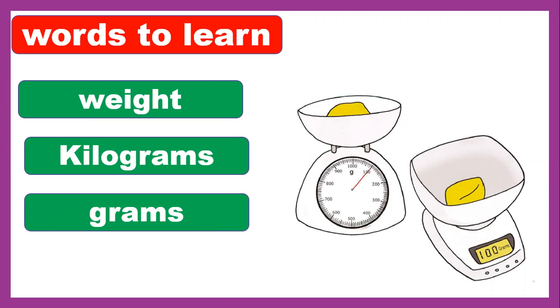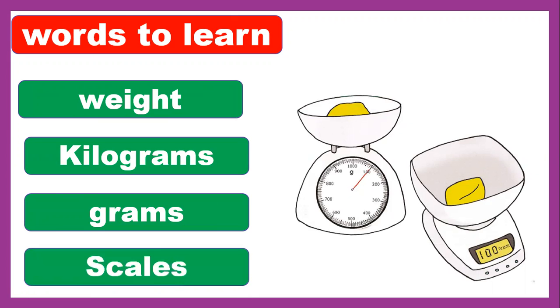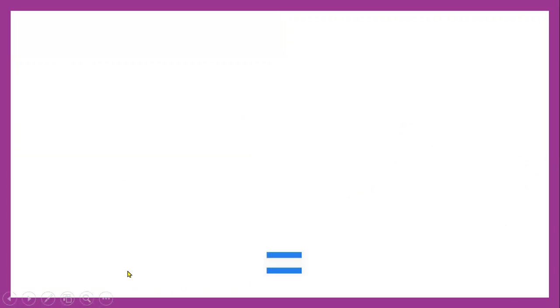These are the units to measure weight. And scale, we already discussed. So here are the four important words you have to learn and try to write in your notebooks: weight, kilograms, grams, and scales.